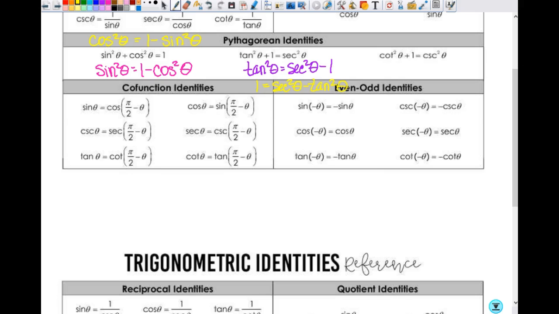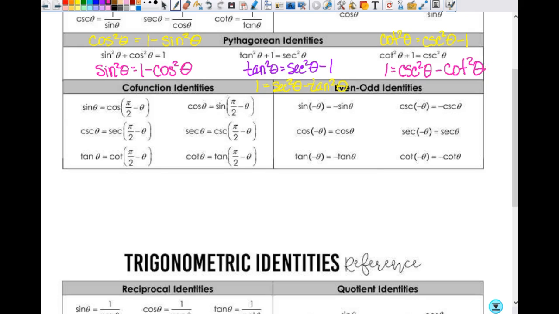Then for the last one, we'll have cotangent squared theta equals cosecant squared theta minus 1. And another version of that would be 1 equals cosecant squared theta minus cotangent squared theta.